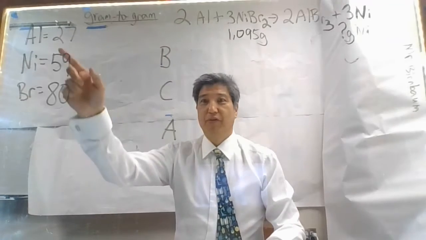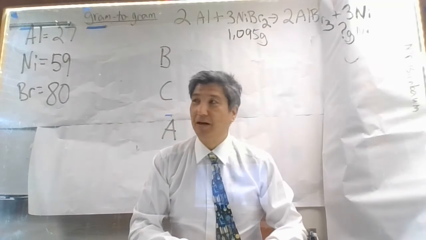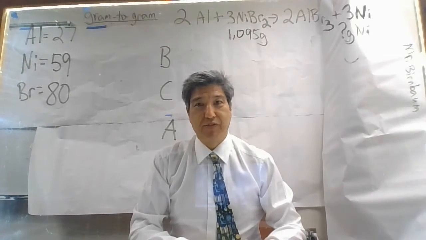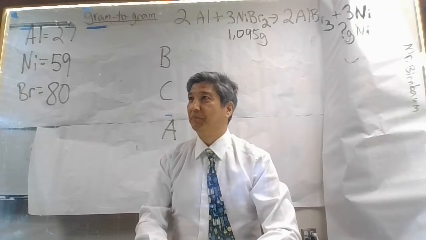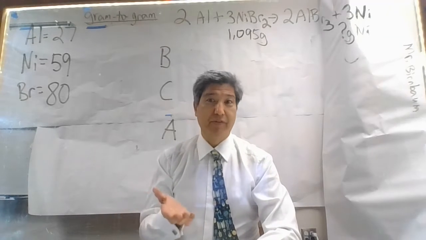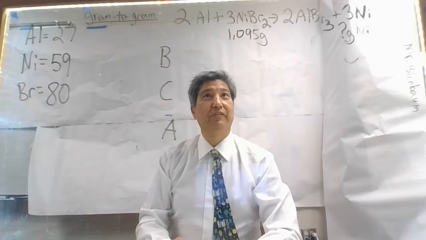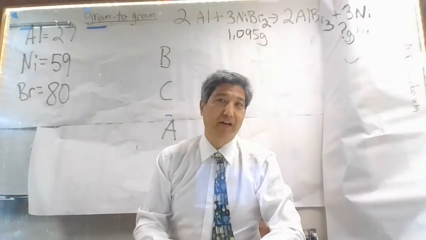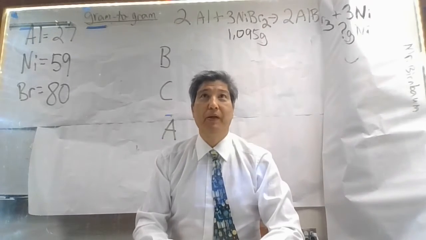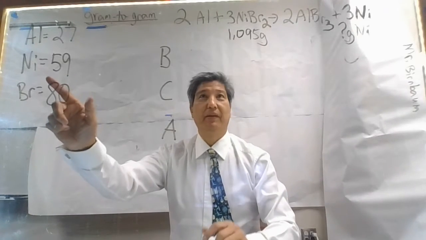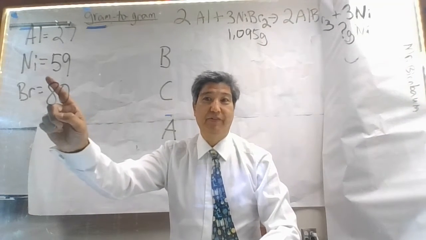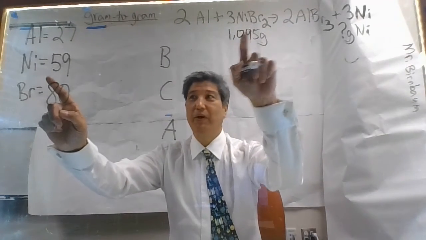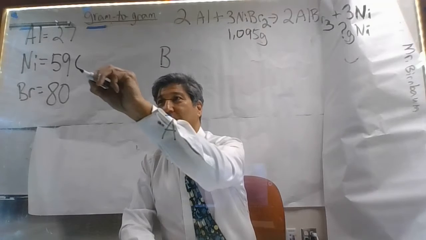Over here I've got some atomic weights from the periodic table, and they're just rounded off so we can go through the steps. If I've got NiBr2, I need to find out how much a mole of it weighs. Ni is 59 grams per mole, and there's only one Ni in the compound, so I'm going to times this by 1.